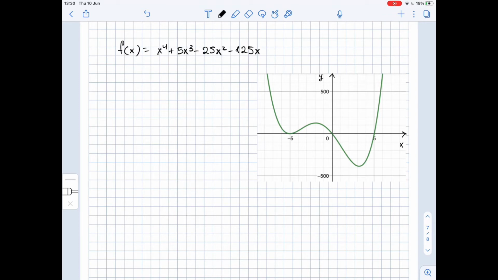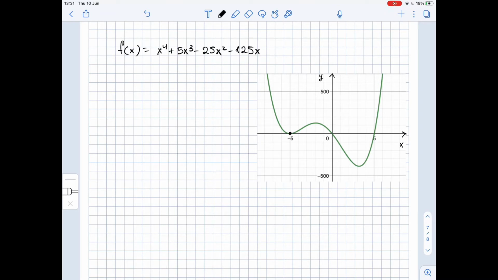So from the graph, we can see that it touches the x-axis and bounces off of the axis at the point x equals minus 5. So right here, the graph touches the x-axis and bounces off of it.